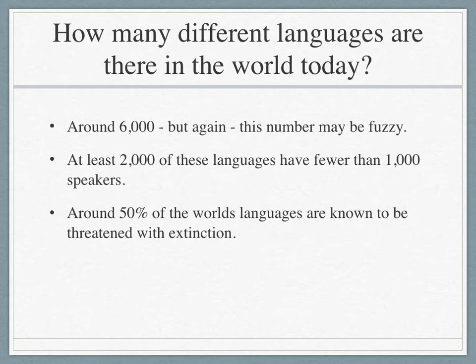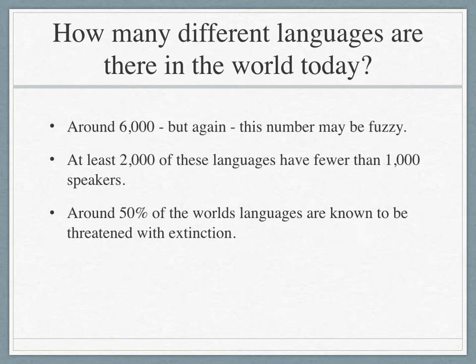The other answer for that is that we actually haven't worked with every single place where languages are spoken. So there are still undiscovered languages in the world, particularly in remote areas, for example, in Pacific Islands that are very hard to get to.